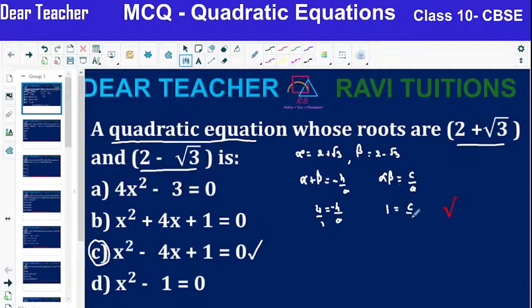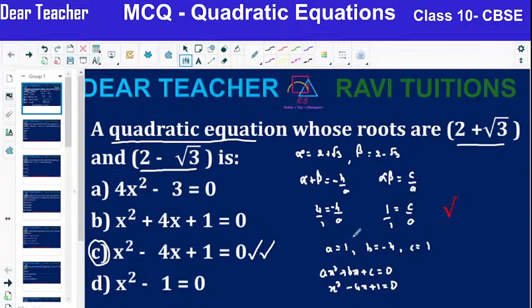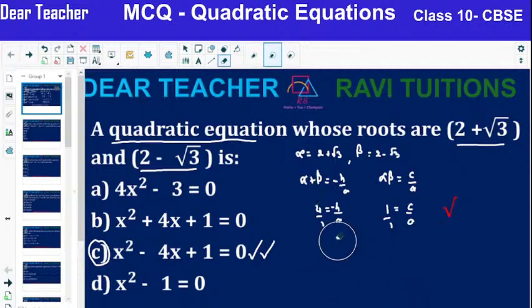In both the things, a is equal to 1, minus b is equal to 4, so b is equal to minus 4, and c is equal to 1. So ax square plus bx plus c is equal to 0 is the quadratic equation. So a is 1, x square minus 4x plus 1 is equal to 0. Whatever the method is easy for you, you can go into that method.